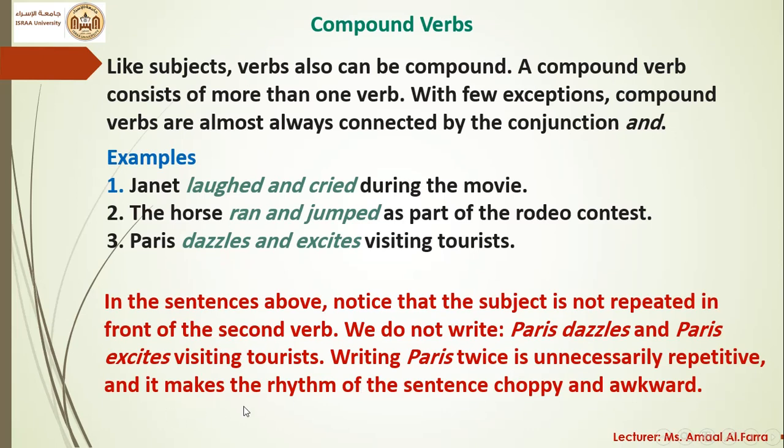And it makes the rhythm of the sentence choppy and awkward. We said that. Lots of repetition makes the sentence what? Awkward, choppy. So we only write the subject once because these two verbs share the same subject. No need to repeat it again before each verb.